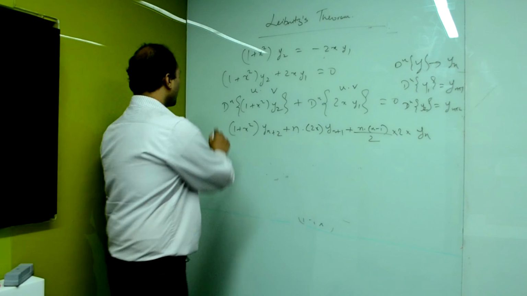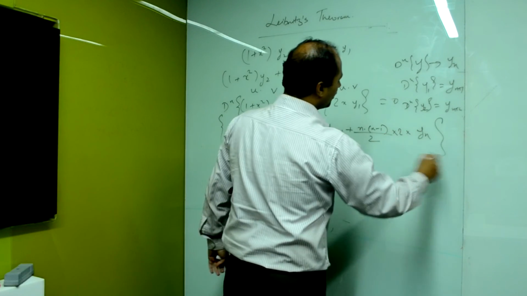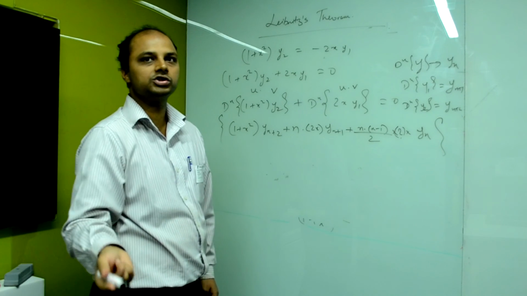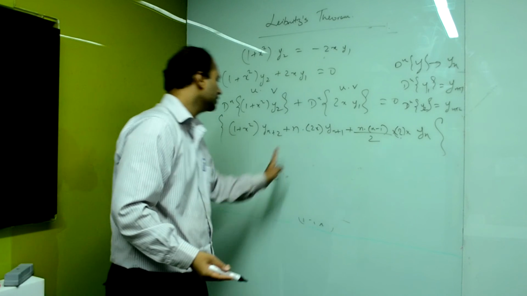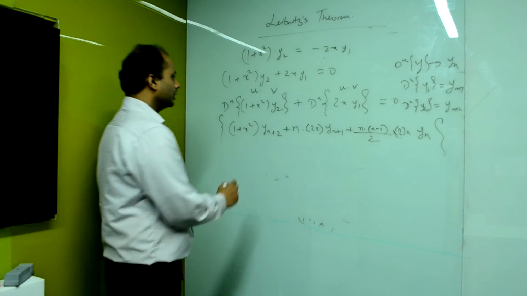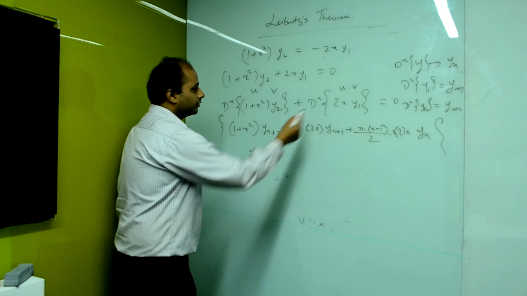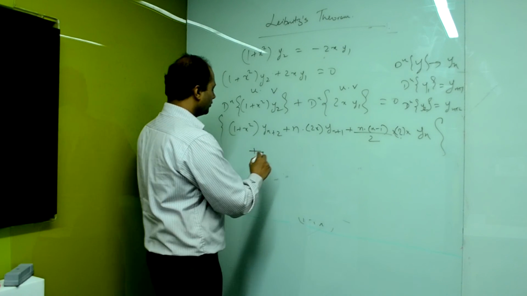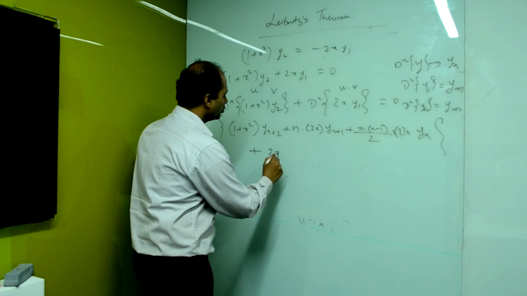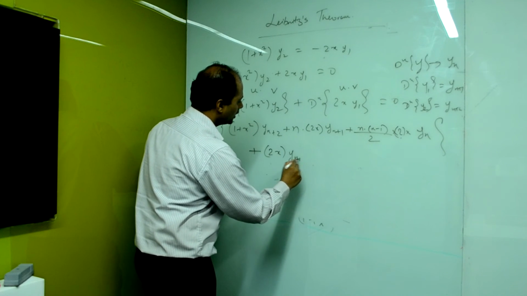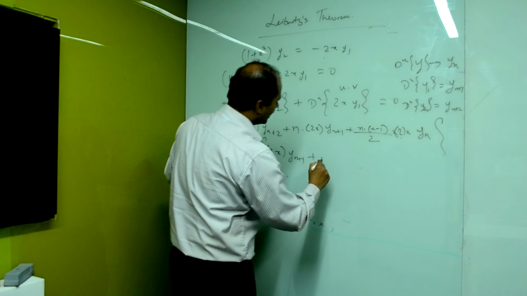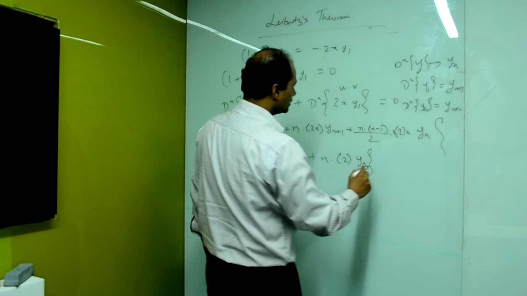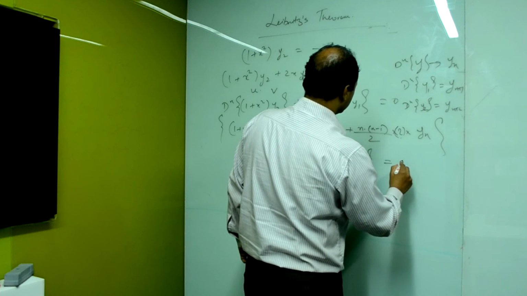Leibniz rule stops for the first term because we have reached a constant, and the differential coefficient of a constant is 0. So only 3 terms appear in the Leibniz rule. Finally, the nth derivative of 2x y1, applying the same rule, is 2x multiplied by y_(n+1) plus n into 2 into yn, and this is equal to 0.